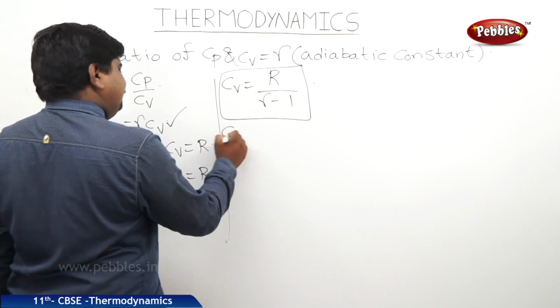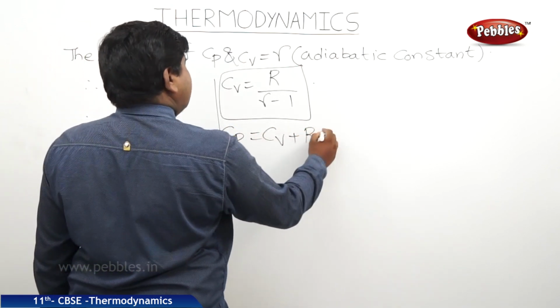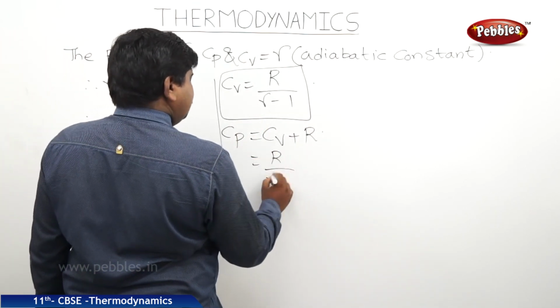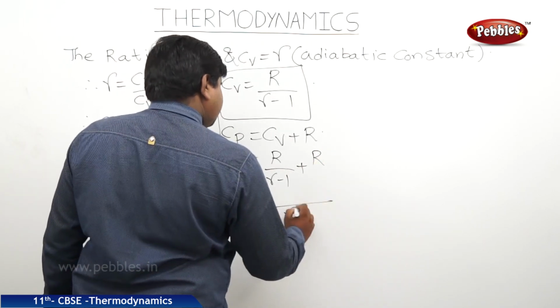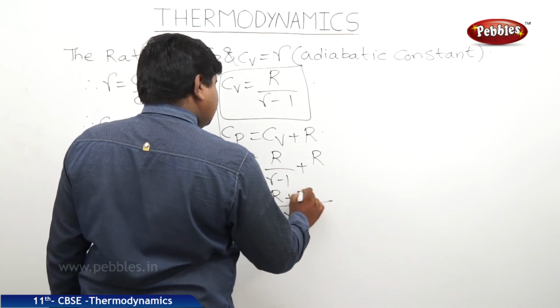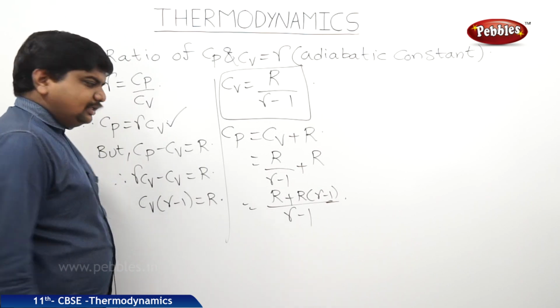Then what about Cp? Cp is equal to Cv plus R. We got Cv as R by gamma minus 1, so Cp is R by gamma minus 1 plus R. If we take gamma minus 1 as the LCM, this is R plus R of gamma minus 1, which is equal to Cp.